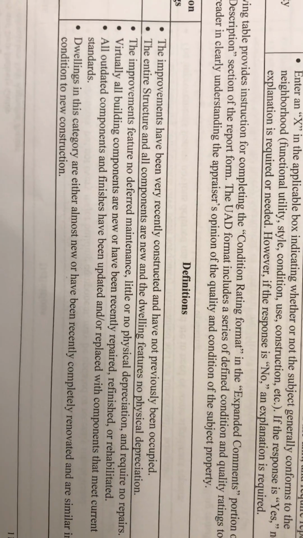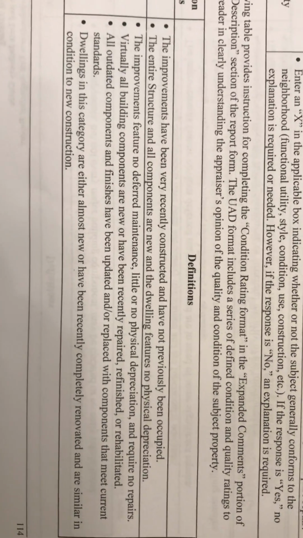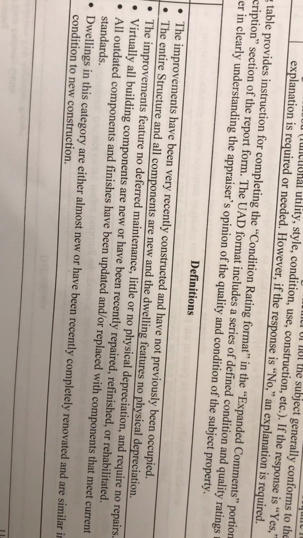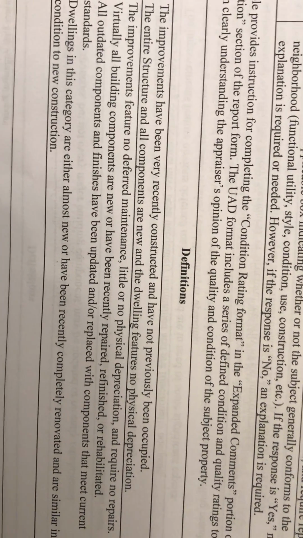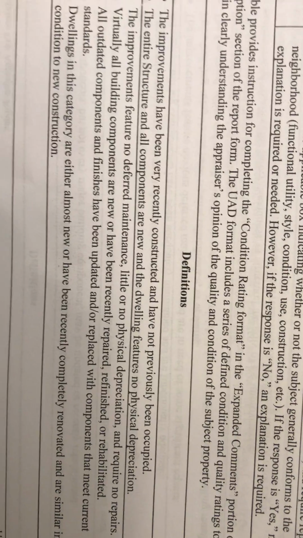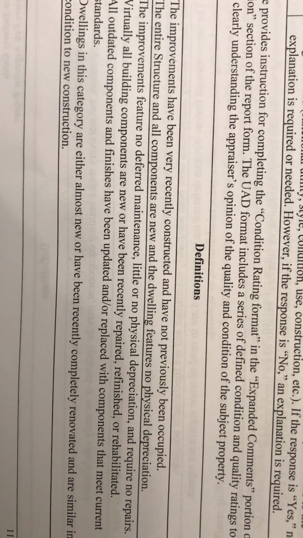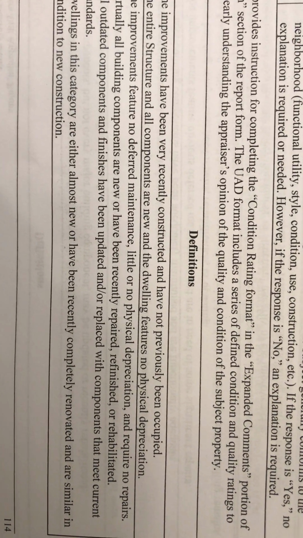Virtually all building components are new or have been recently repaired, refinished, or rehabilitated. All outdated components and finishes have been updated and or replaced with components that meet current standards. Dwellings in this category are either almost new or have been recently completed, renovated, and are similar in condition to new construction.